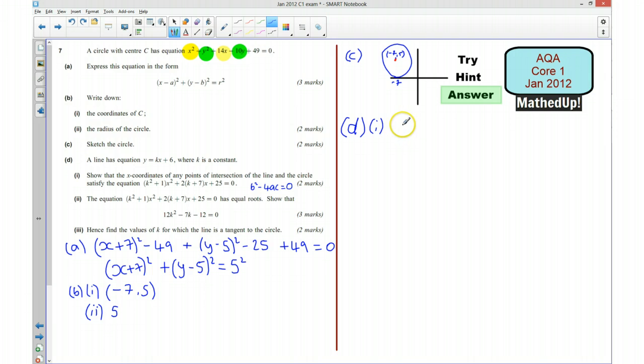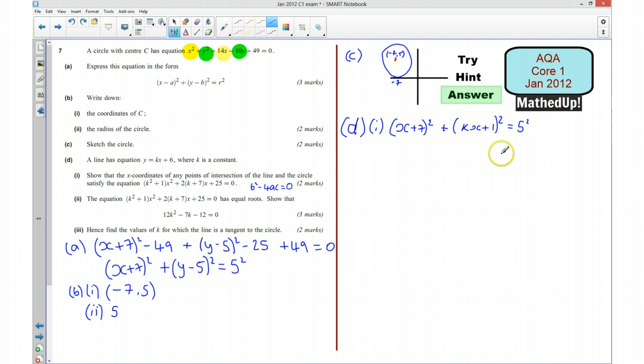So I've still got (x + 7)², and I've got plus, and instead of y subtract 5, I'm going to have kx + 6 subtract 5, and kx + 6 subtract 5 is just going to be kx + 1. So I'm going to have (kx + 1)² is equal to 5².